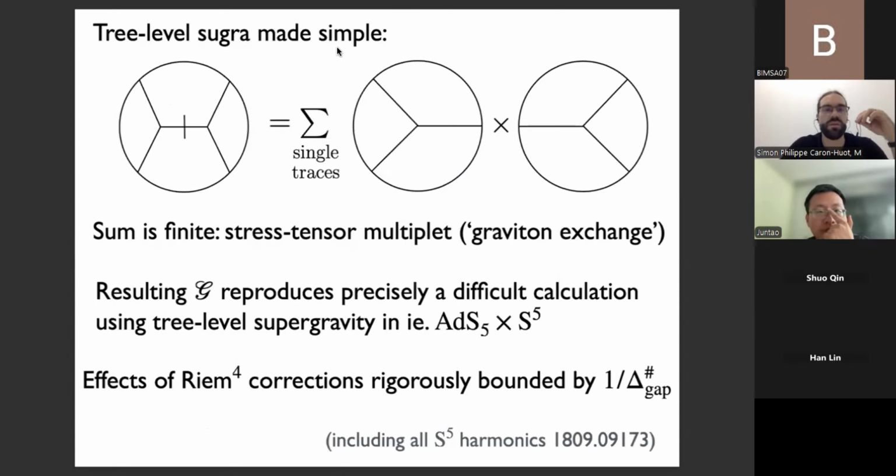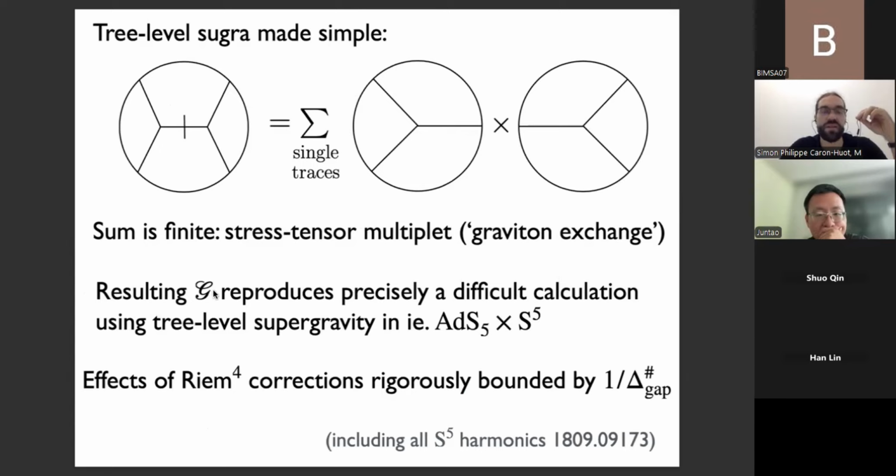At tree level, for example in supergravity, it's very simple. You just exchange the supergraviton, the graviton multiplet. So you just have some finite number of diagrams, graviton exchange and scalar exchange.